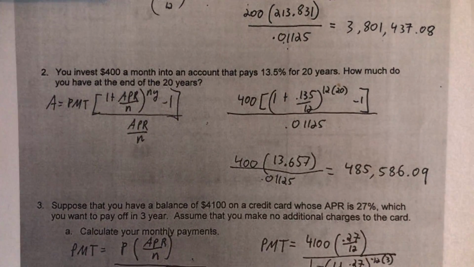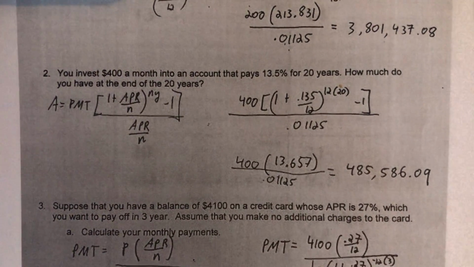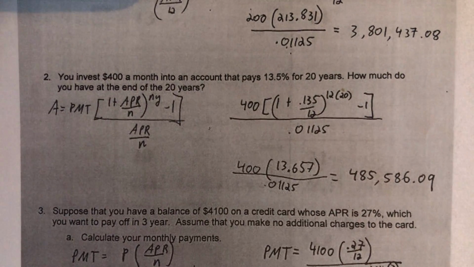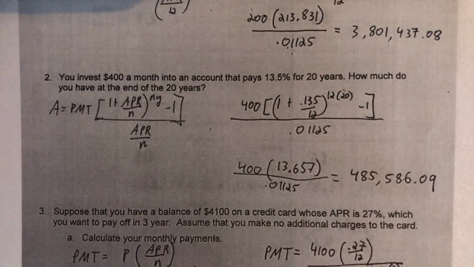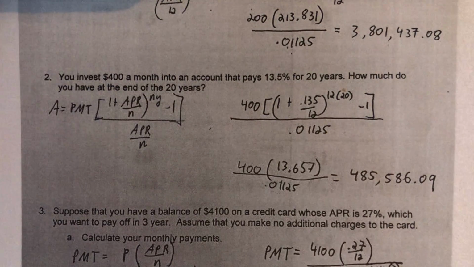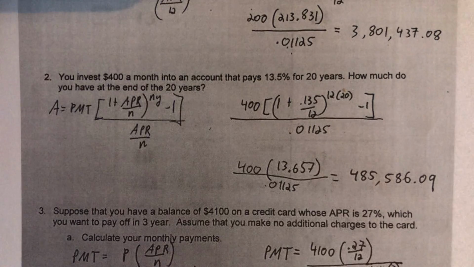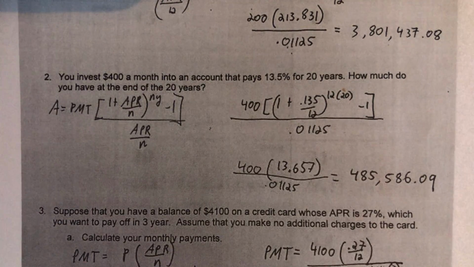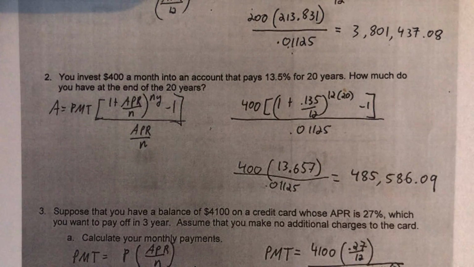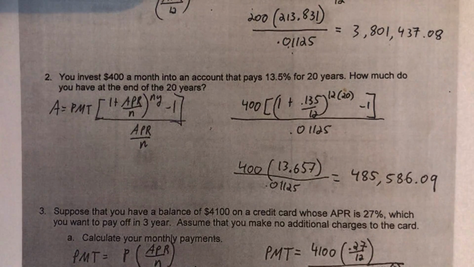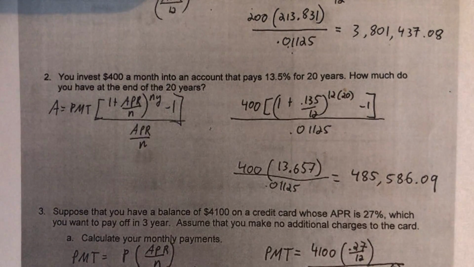If you invest $400 a month at 13.5% for 20 years, how much would you have at the end? So 400 parentheses brackets 1 plus 0.135 divided by 12 times 20, and then subtract the 1 divided by the 0.01125, and you would end up with $485,586.09.